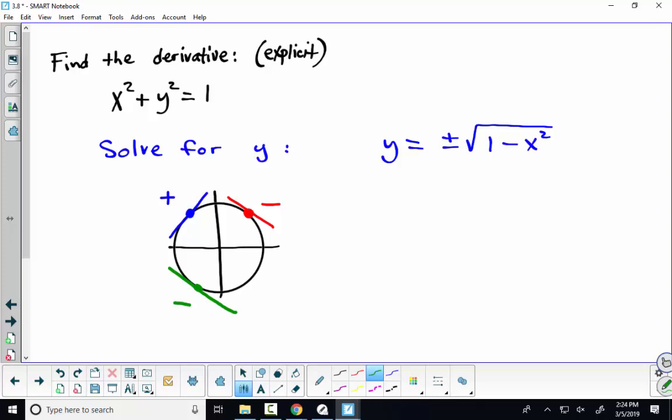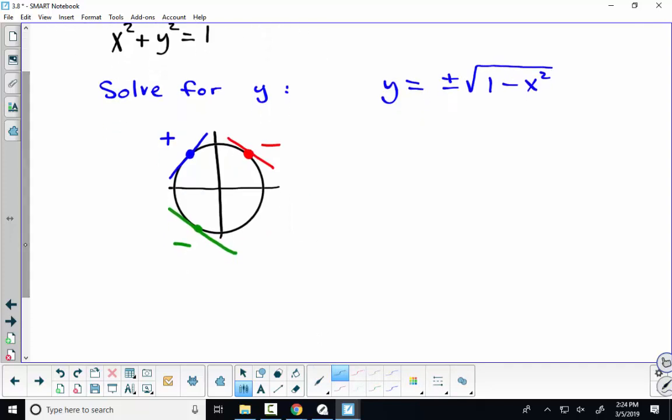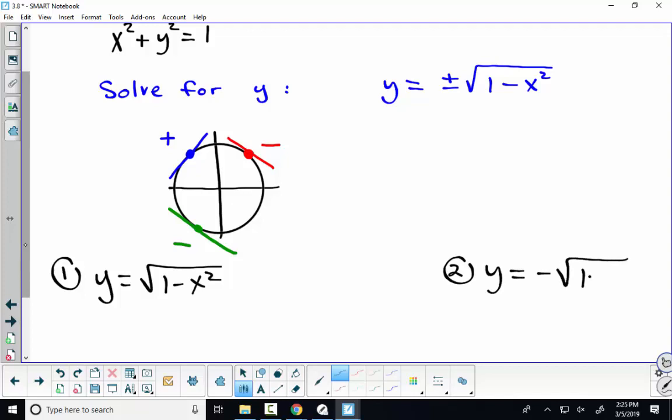So we have two functions of y, plus or minus root, which is going to give us two different derivatives. So when I write both of these functions of y out, y is the positive root of 1 minus x squared, and y is the negative root of 1 minus x squared. That's going to give me two different derivatives.